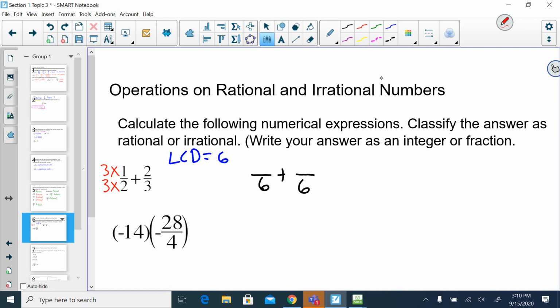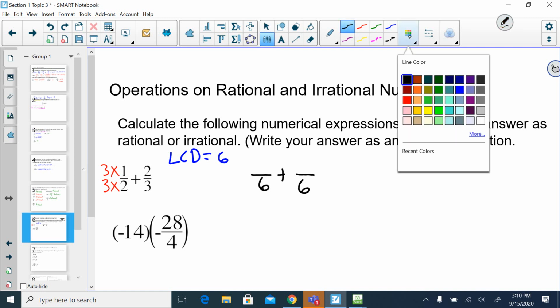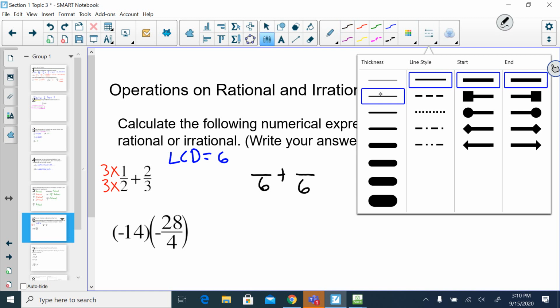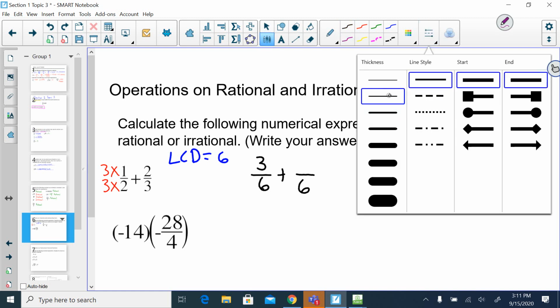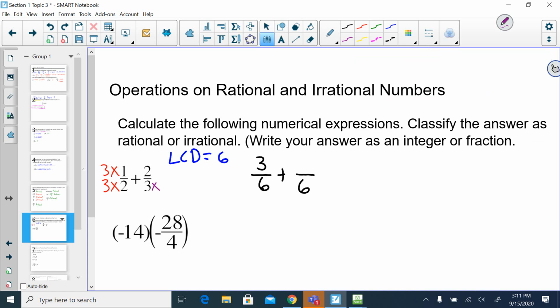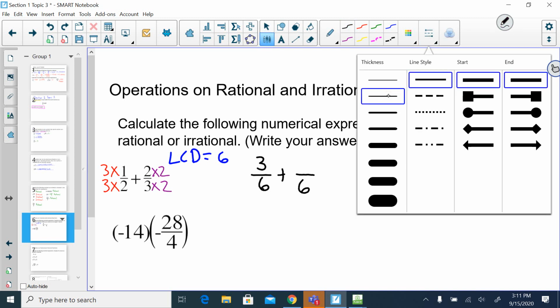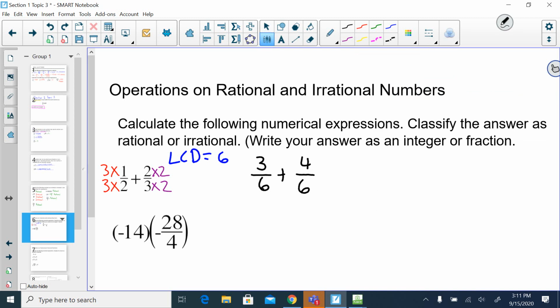So 3 times 1 is 3. What do you multiply 3 by to get 6? That's 2. So whatever you do to the bottom, you must again do to the top. 2 times 2 is 4.